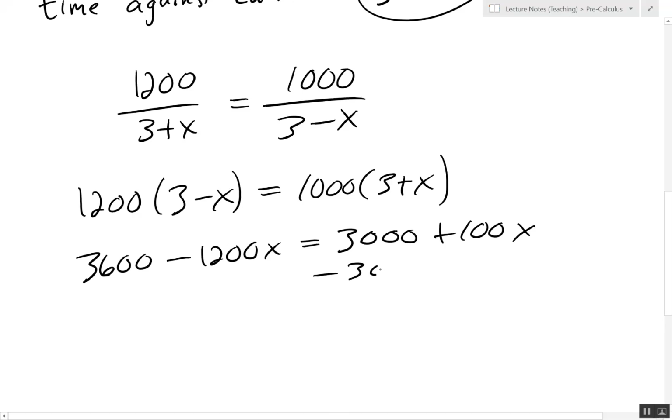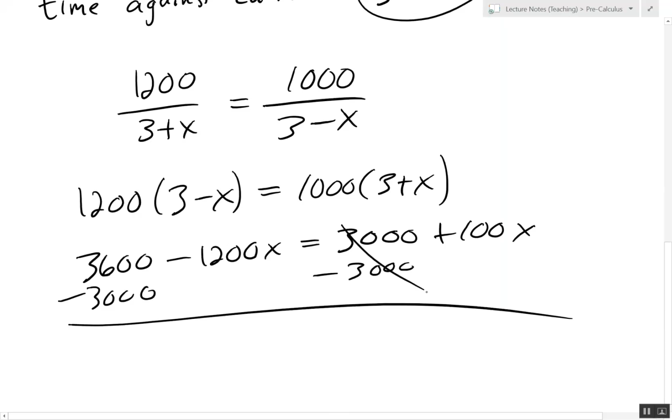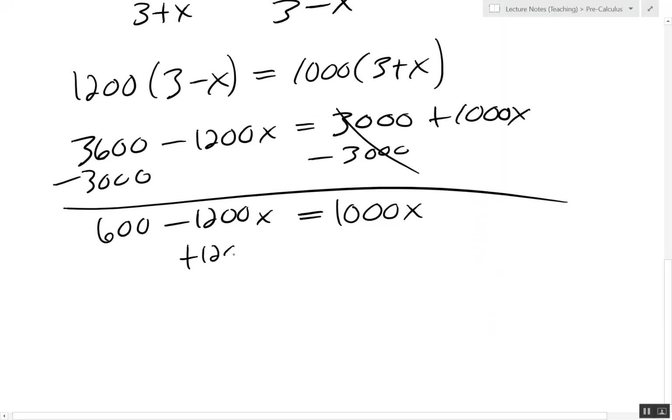So I'll subtract the 3,000 first. And these cancel, and we'll be left with 600 minus 1,200x equals 1,000x. I forgot a 0 in the previous line. Then adding 1,200x to both sides, these cancel.